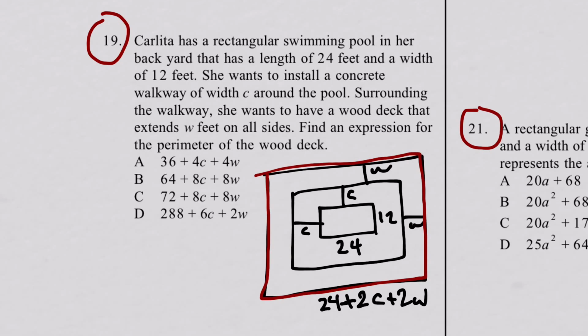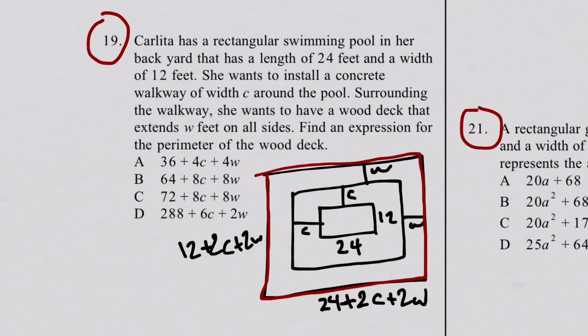And that's the length. For the width, I'm going to start with 12 because that's the pool. And then to that, I'm going to add C on both sides, C here and C here, that's 2C. And then to that, I'm going to add W on both sides, W here and W here, so that's 2W. And so that is the length and the width.